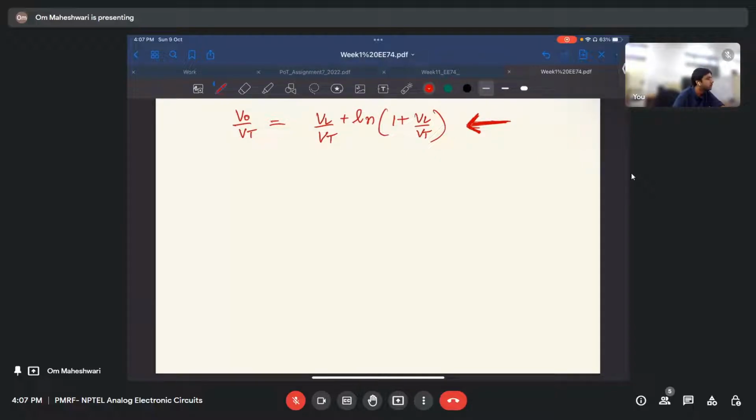Okay. Iteratively solving it and we obtain VL. So we cannot directly solve this equation. For that, we have to use some iterative method. It's similar to problem one only.